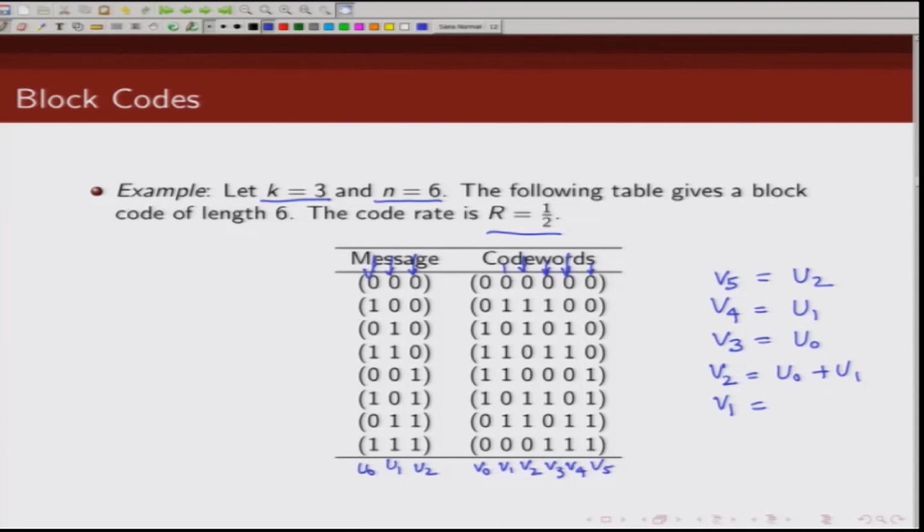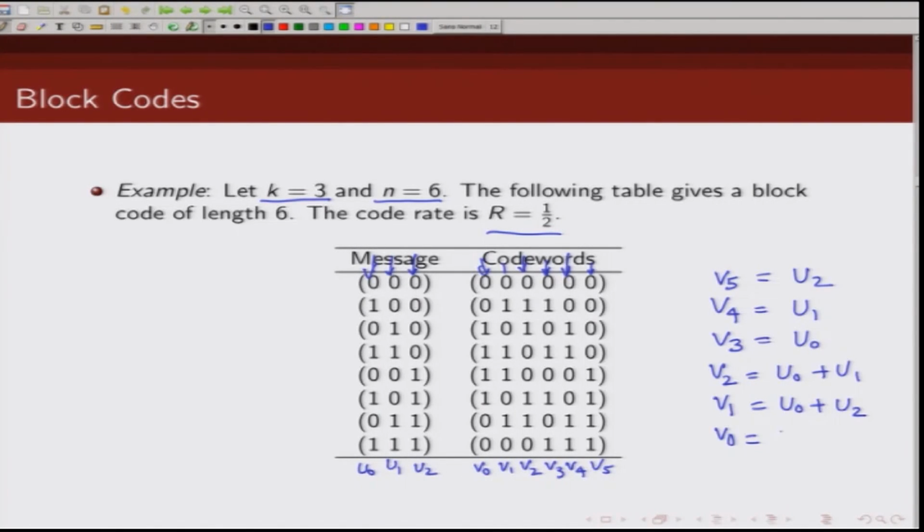So, 0 plus 0 is 0, 1 plus 0 is 1, 0 plus 0 is 0, 1 plus 0 is 1, 0 plus 1 is 1, 1 plus 1 is 0, 0 plus 1 is 1, and 1 plus 1 is 0. So, V1 is nothing but U0 plus U2. Now, let's look at the last one, V0.